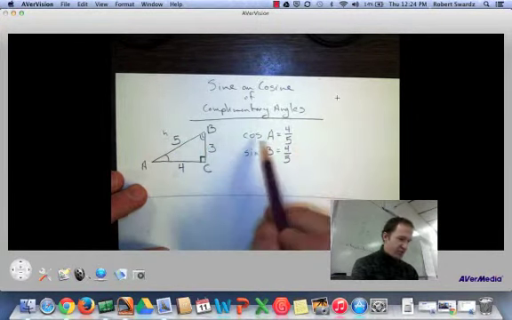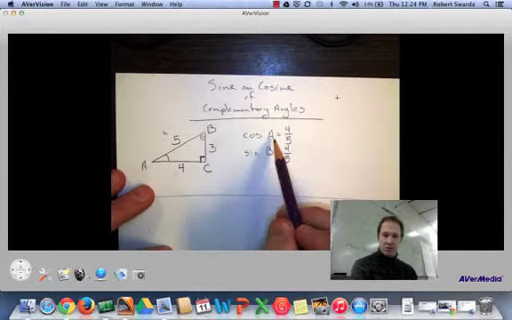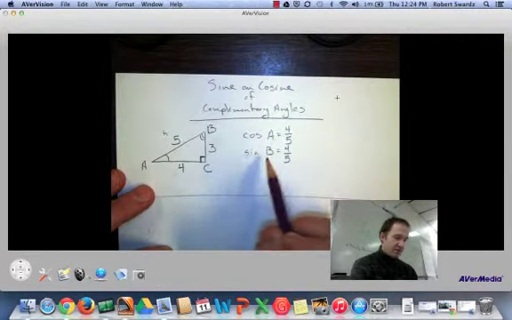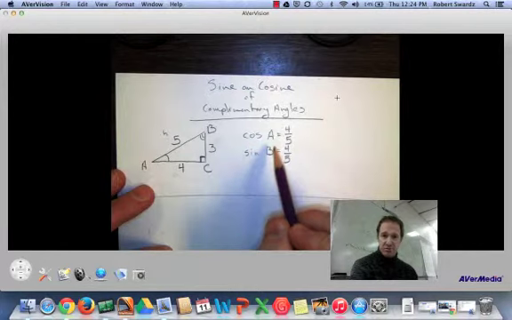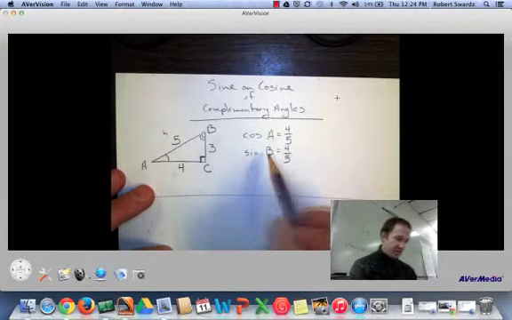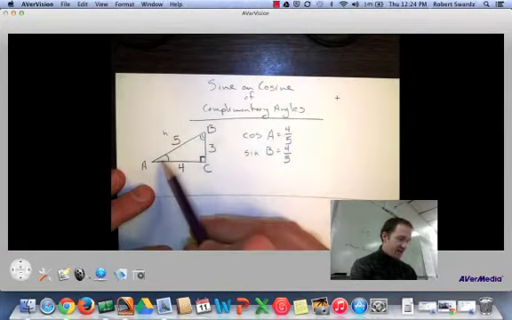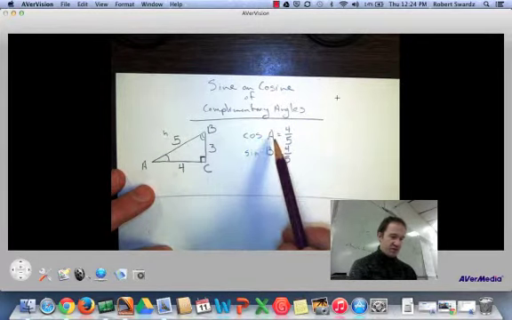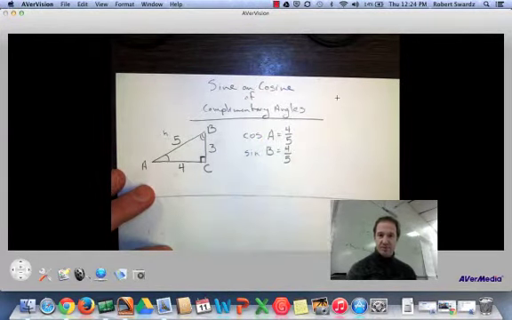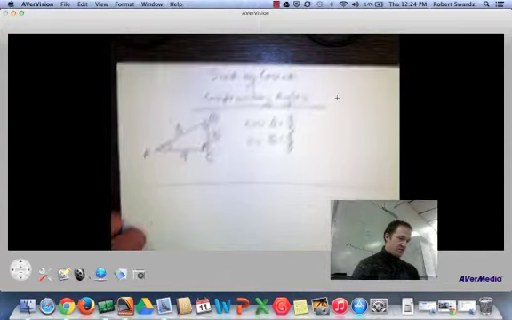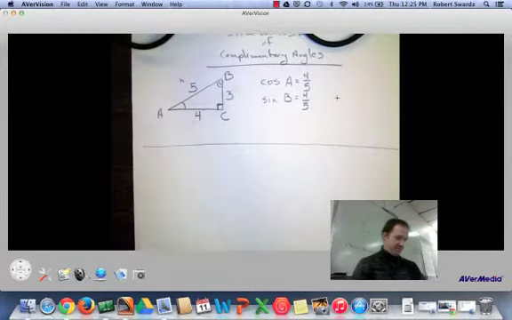So if you take the cosine of one angle and the sine of another angle that's complementary to the first one, you're going to get the same thing. And we can see that here. A and B add up to 90 degrees. You take the cosine of one of them and the sine of the other one, and you get the same thing. Well, let's see another little example of that.